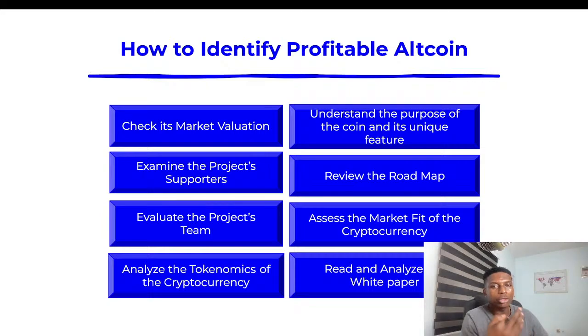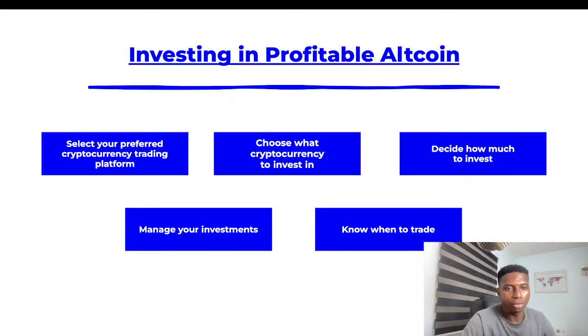Like I said earlier, you read and analyze the white paper. Then next, you assess the market fit of the cryptocurrency. Does the use case of this cryptocurrency fit into the market? Does it solve a problem? Because only then can it be sustainable.